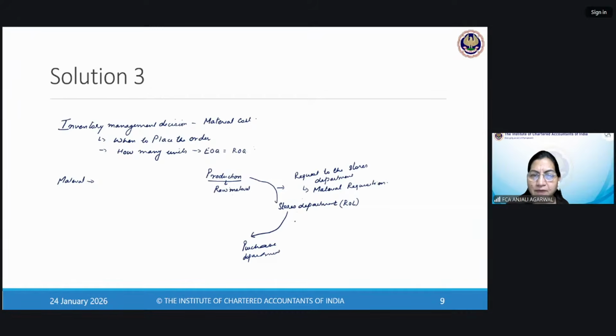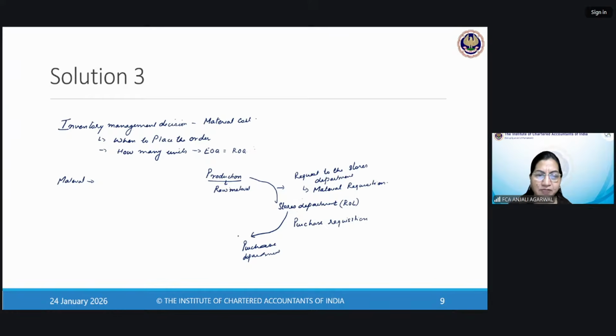So they make a request which is called a purchase requisition. So the production department makes a request to the stores department, called a material requisition or material request note. And when the stores department finds that it doesn't have enough stock and cannot provide if the production department asks again, they make a request to the purchase department to purchase this raw material, which is called a purchase requisition.